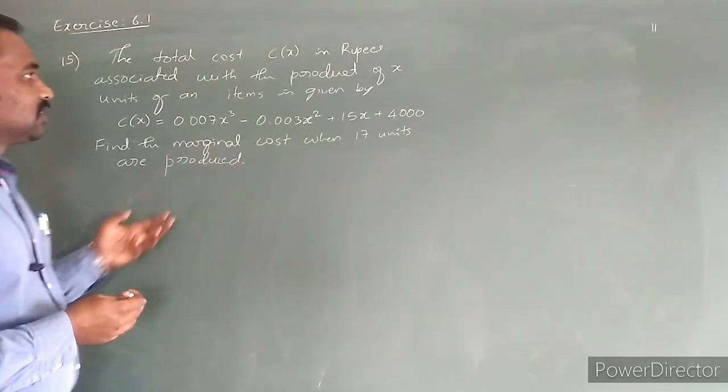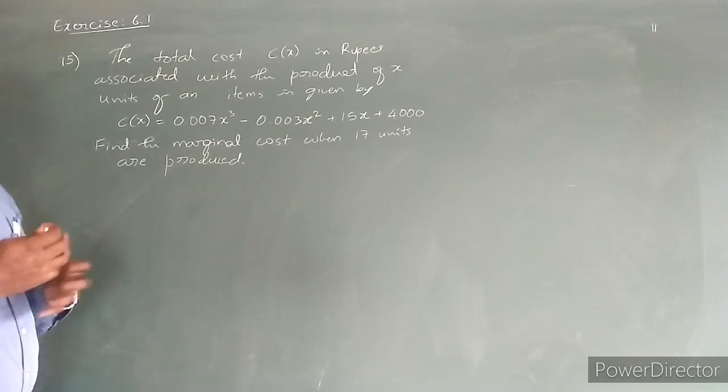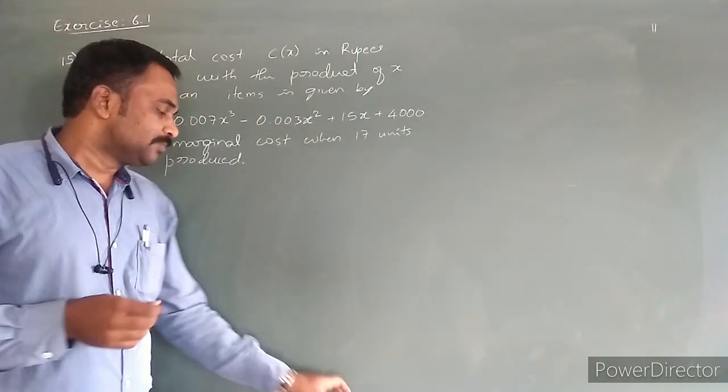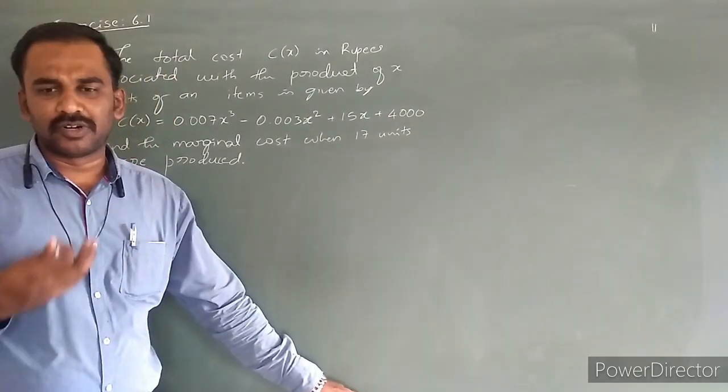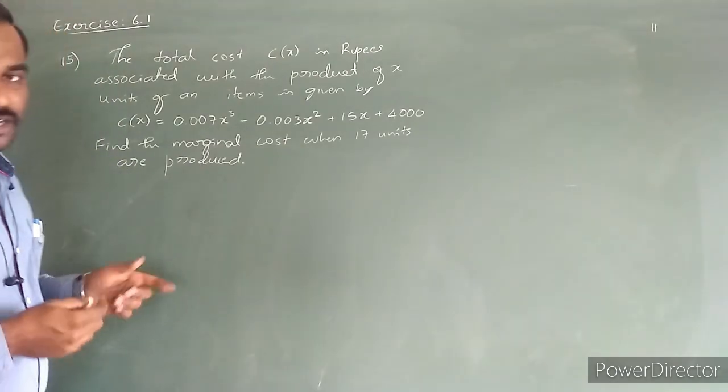This problem comes under the production unit, where some items are produced. For example, a duster or a board, or a pen, or a book.